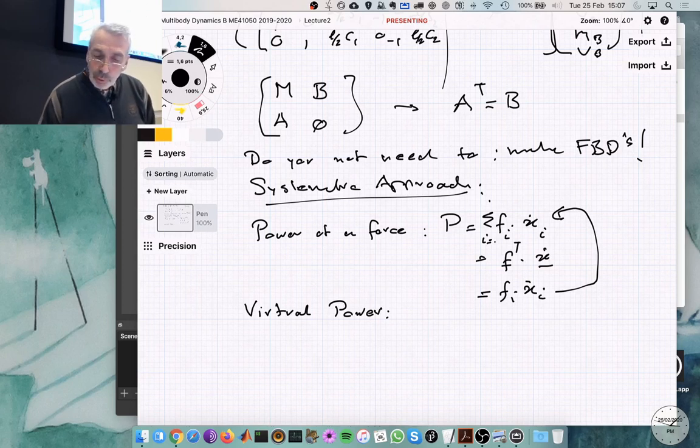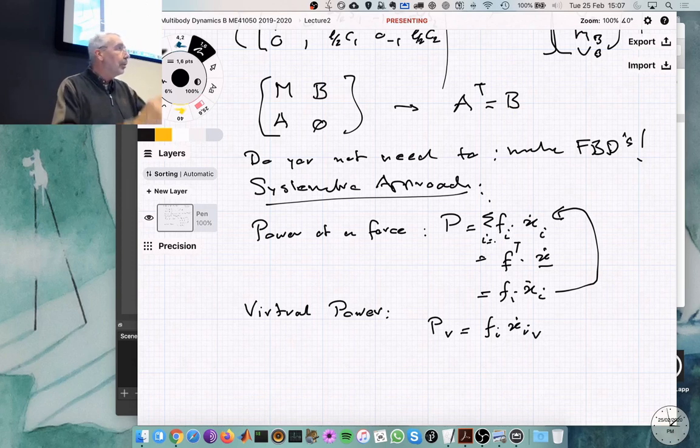Well, you could say virtual power is this. P_v is the real forces times some virtual speed. So you have some arbitrary speed distribution. If you take a picture of a mechanism, you can draw arrows like, oh, these are the speeds in the mechanism, or you draw different arrows. That's the concept of virtual velocities.